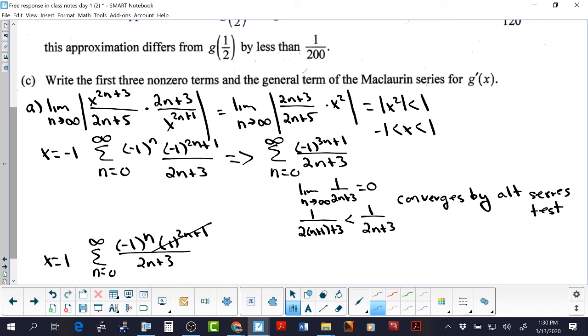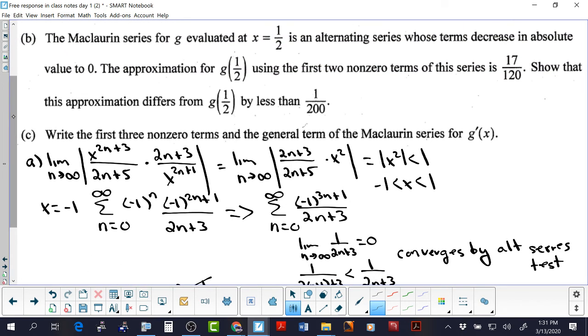So this is an alternating series, and we get the exact same thing we had. So it converges by the alternating series test. So the interval of convergence is -1 to 1, and we can include the endpoints.